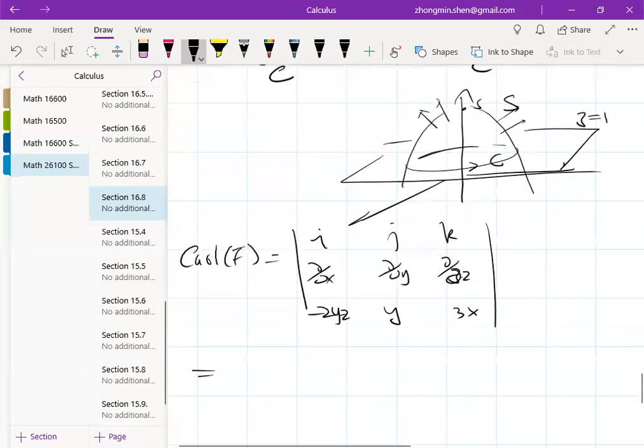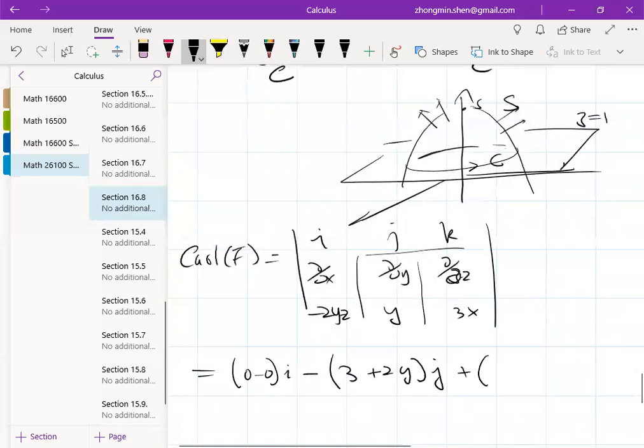You open this part for the i, and clearly it's going to be 0, 0 minus 0, i. Minus, then you delete the second column, first row, so I got 3 when I differentiate with respect to z, minus, it's plus 2y, j. Minus 0, minus is plus 2z.